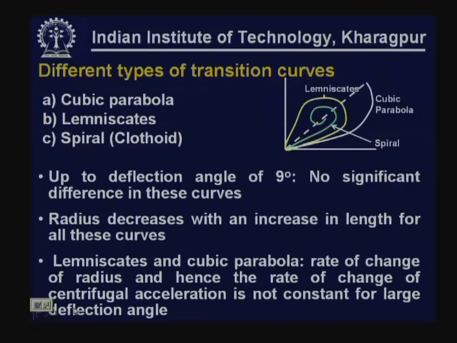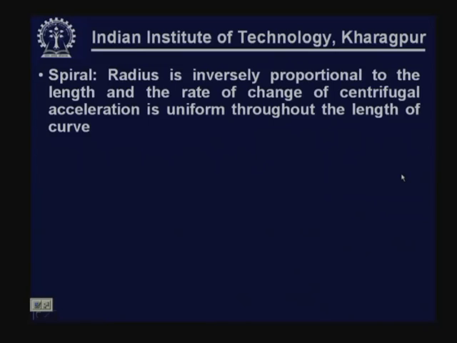However, for the third type, type C, the spiral, radius is inversely proportional to the length, and therefore the rate of change of centrifugal acceleration is uniform throughout the length of the curve.